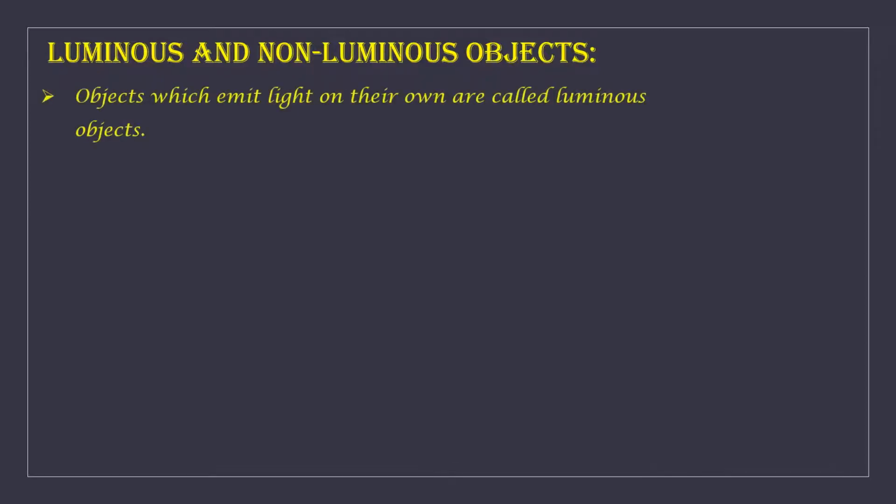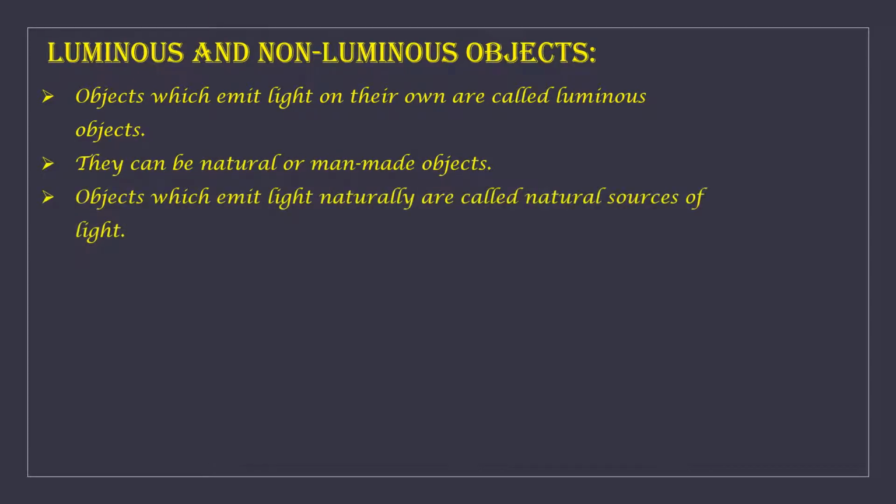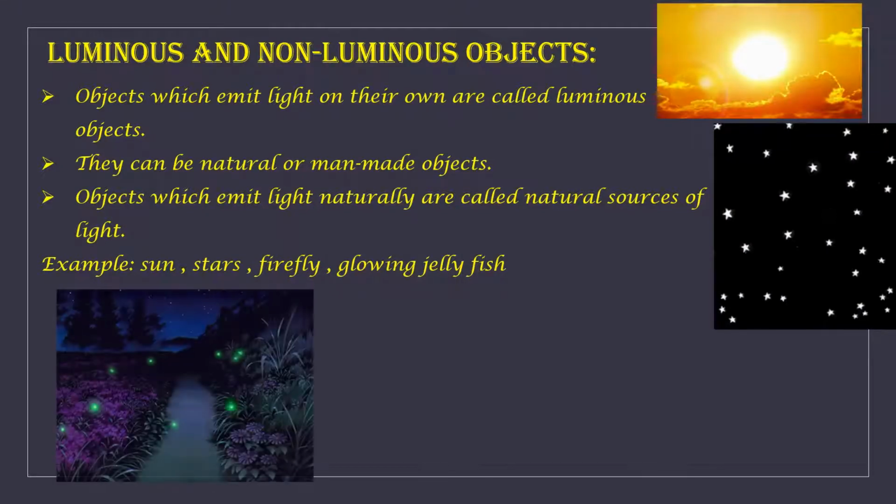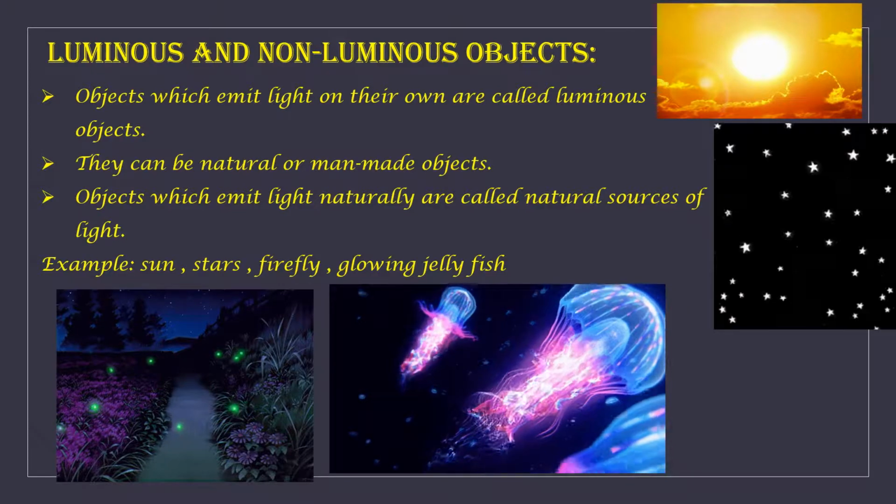Now let us understand what luminous and non-luminous objects are. Students, objects which emit light on their own are called luminous objects. They can be natural or man-made. Objects which emit light naturally are called natural sources of light, for example the sun, stars, firefly and glowing jellyfish.